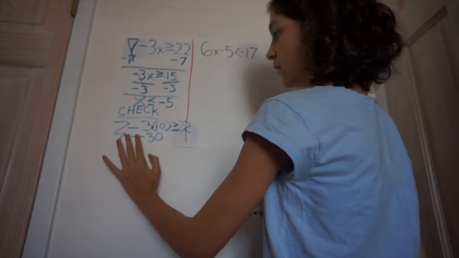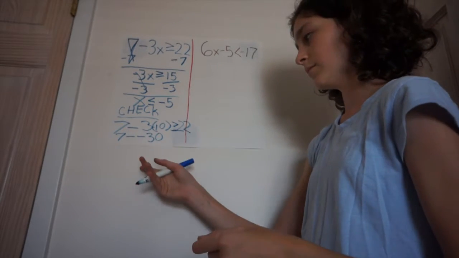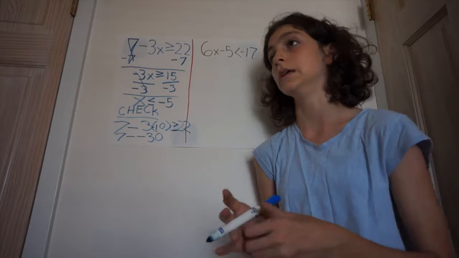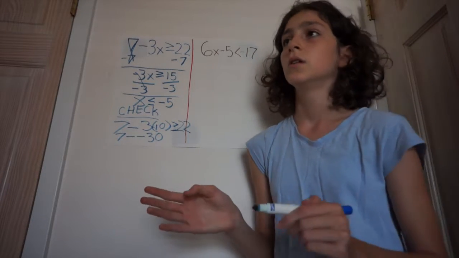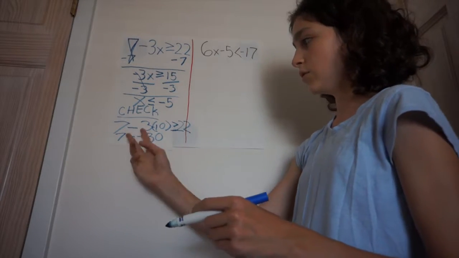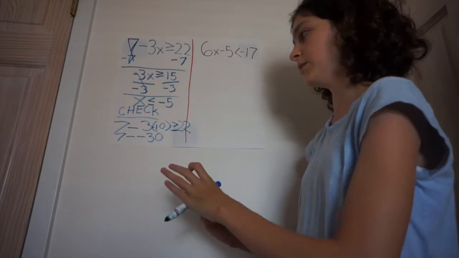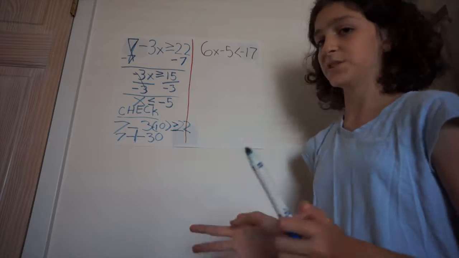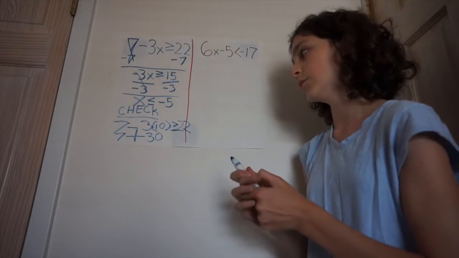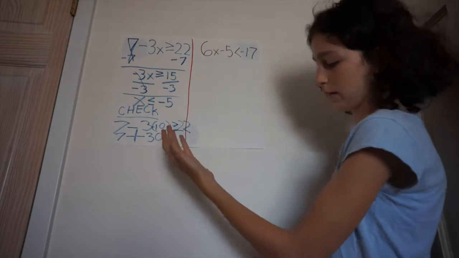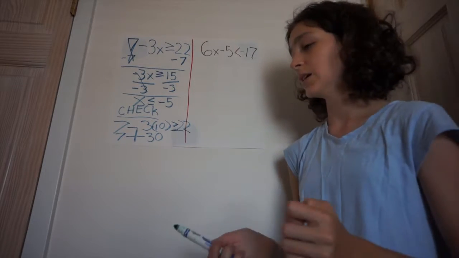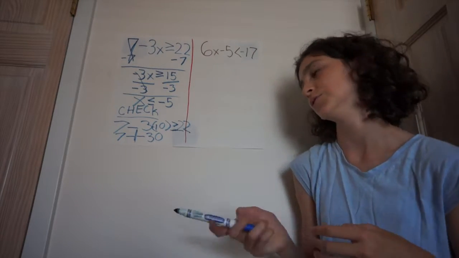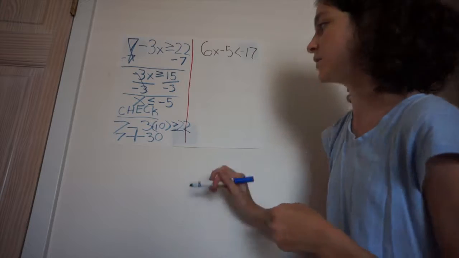Two negatives equal a positive, so it's a plus sign now: 7 plus 30, which is 37. So 37 is greater than 22. It's not equal to, but it could be equal to, depending on what number you choose, which means it's correct.